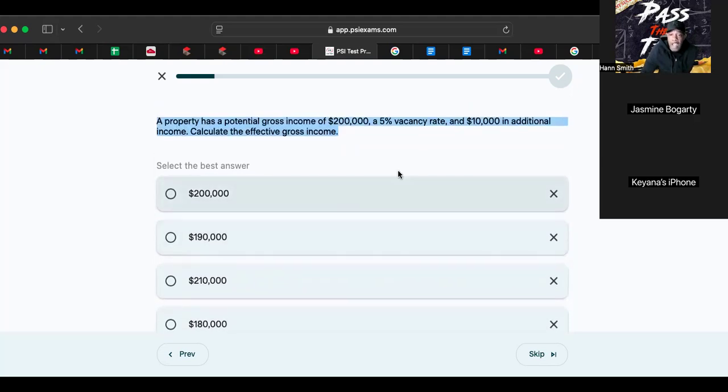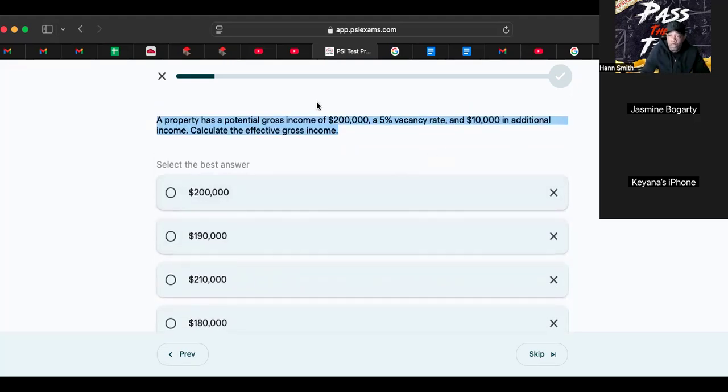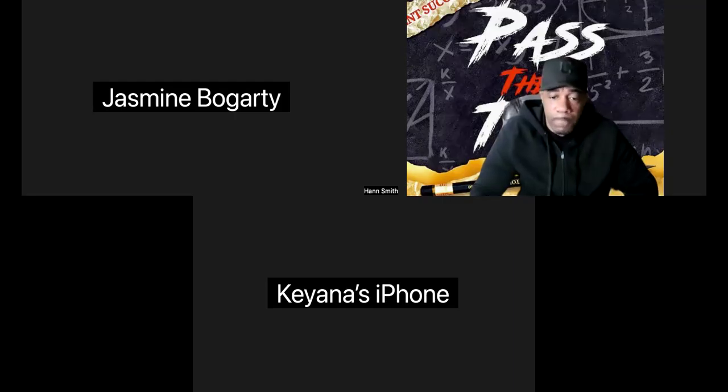When you got additional income, that goes into the gross potential income, and the effective gross income comes out of that. So the answer is not what we're seeing on our calculator. So okay, cool. We're going to go back to the calculator.